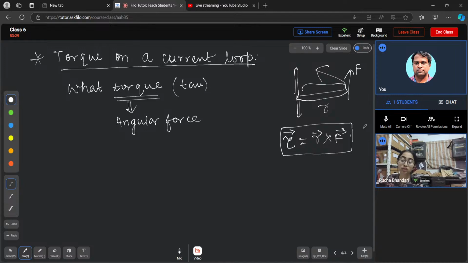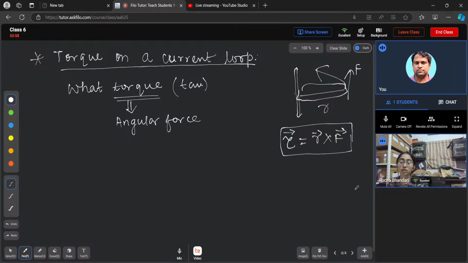So it will experience a torque. Look how it experiences a torque, and this is a very important phenomenon that led to the construction of motors, which have a lot of application in our day-to-day life, like your washing machine, your fan, your water pump.